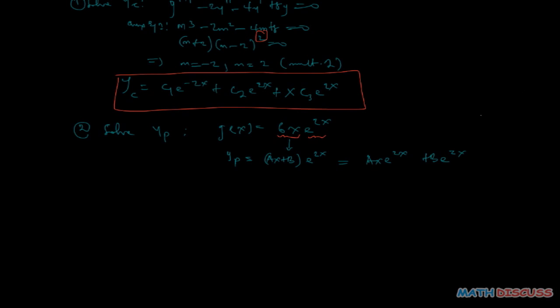So let's check to see if there is no twin. We have b e to the power 2x, a multiple of e to the power 2x, and also a multiple of x e to the power 2x. The same thing happens here: a multiple of x e to the power 2x.